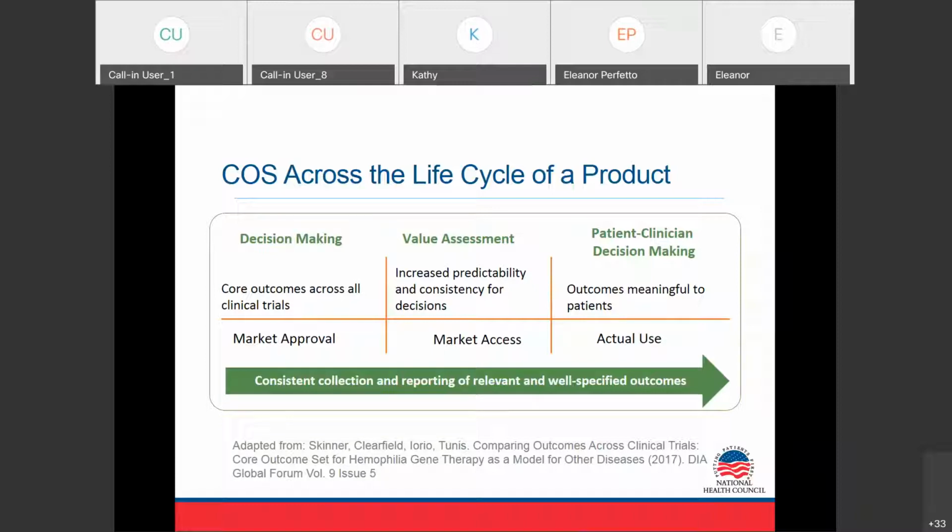You have the actual care decision making, where patients and or caregivers and their providers are trying to figure out what's best. If we can have a baseline, consistent body of evidence available across all of these contexts, it will help facilitate all of these decisions. Next slide, please.